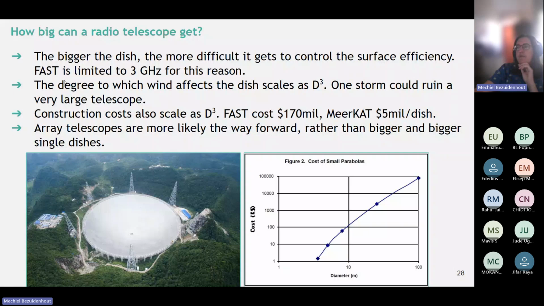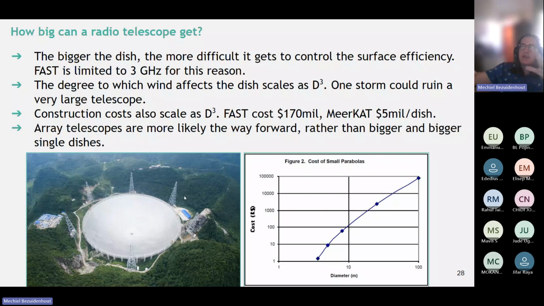Another factor is that the degree to which the wind affects the dish scales as the diameter cubed. So for a very, very big telescope, one storm could completely ruin the telescope. For that reason, FAST, for instance, is built into a natural depression in the ground, in this natural valley, which minimizes the effect of wind. But hopefully, a lot of you will remember the Arecibo telescope, which was a similar huge telescope built into a depression.